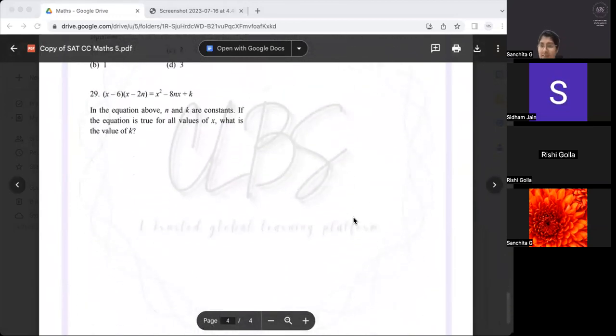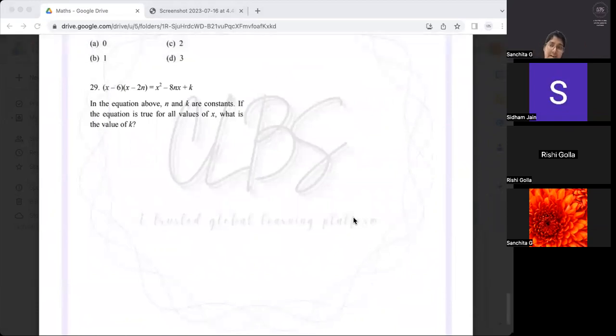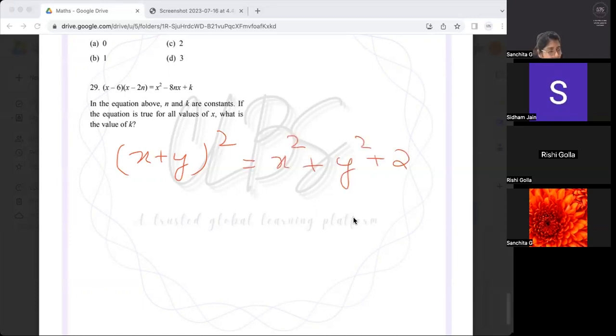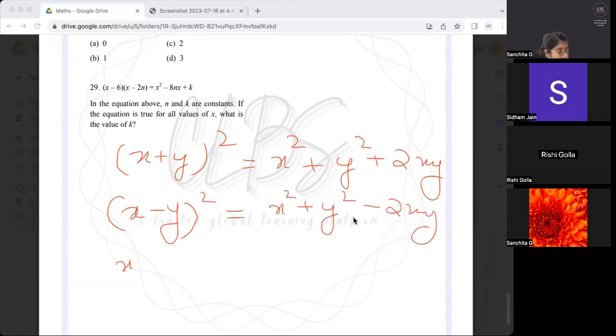Now see, for question 1, remember in 8th standard, you might have covered factorization, like identities. It came under identities, 8th standard, or maybe 7th standard in a few schools. (x plus y) whole square is what? x square plus y square plus 2xy. Correct. (x minus y) whole square is x square plus y square minus 2xy. And x square minus y square is (x plus y) into (x minus y).